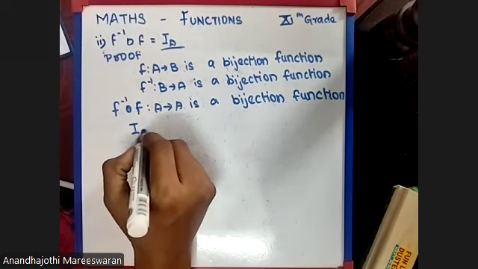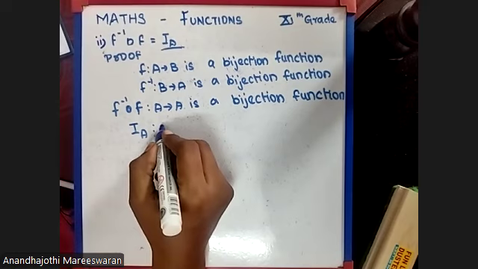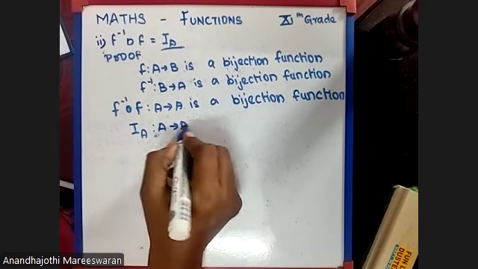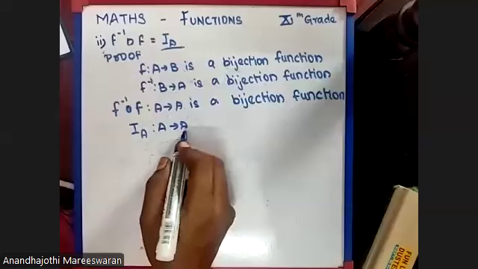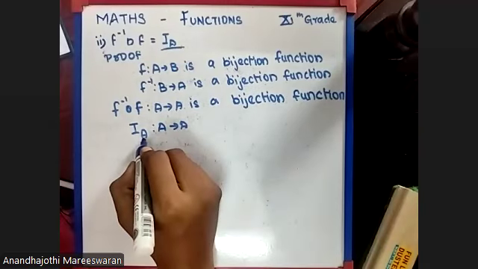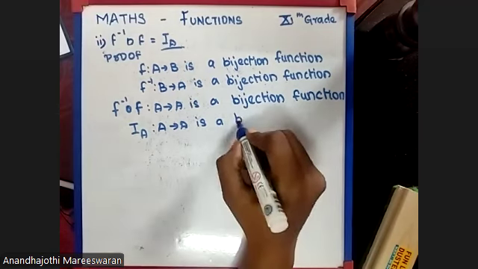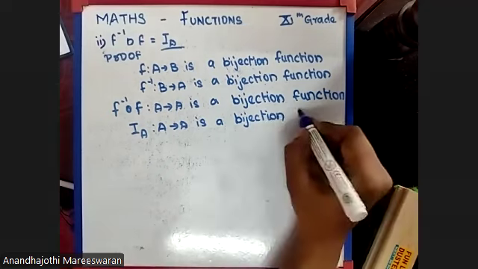I_A. I_A is an identity function. So what mapping does it give us? A to A. For an identity function the domain and codomain are the same, right? So for I_A, A to A is a bijection function, right?